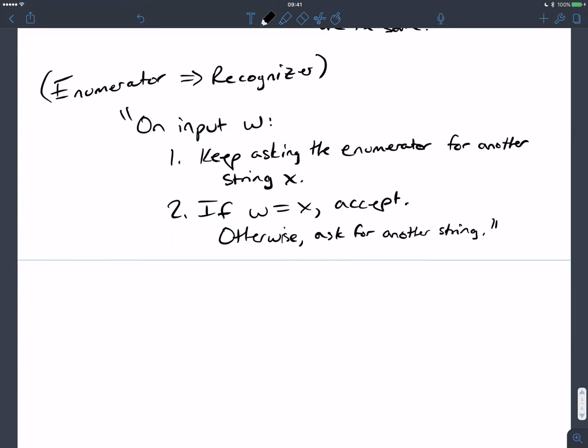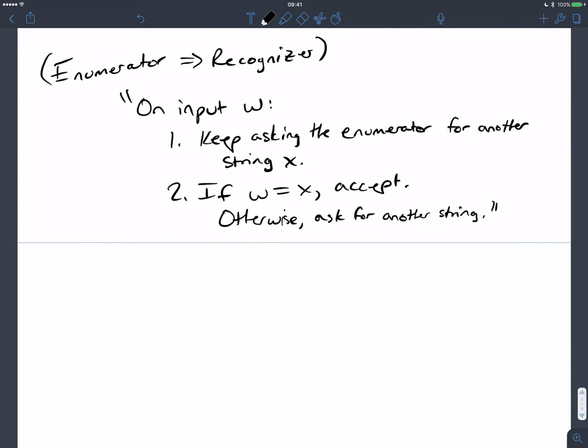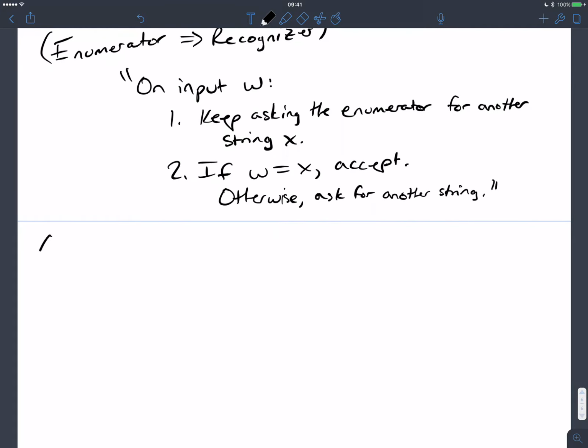If the enumerator printed it out, that means by definition it was in the language to start with. So this machine should accept, because I want it to have the same language. Okay, so we showed that enumerable languages are all recognizable because we can convert that way. Now we want to show the other way.